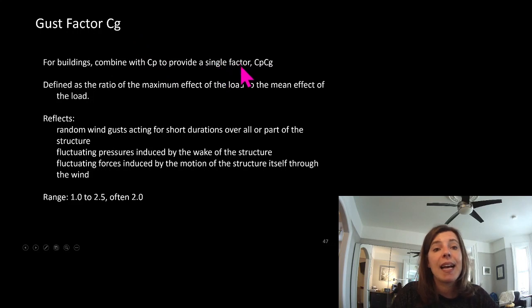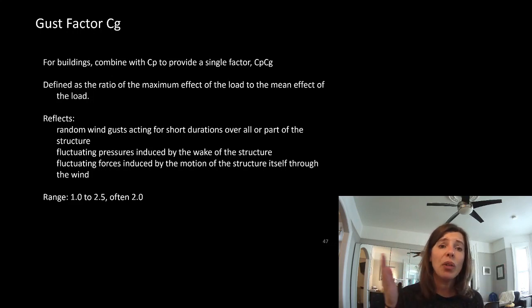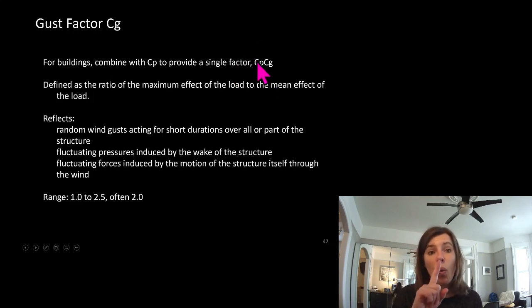CG, this is that gust factor I was talking about. Now, in 50% of the buildings we design in Canada, we break our design code into two things, high-rise and low-rise. In the low-rise category, we treat our CP-CG factor as one factor, and they've mushed them together for us.